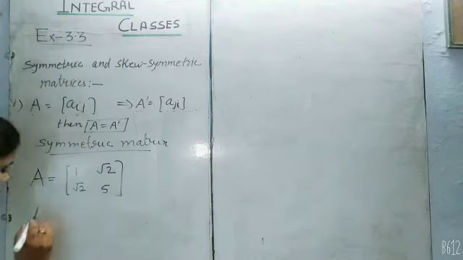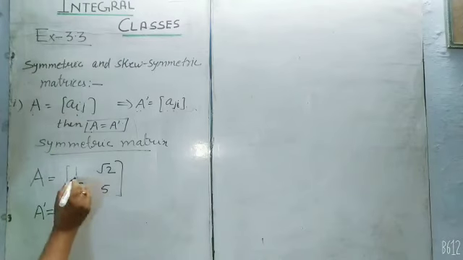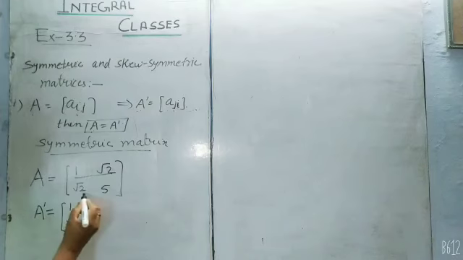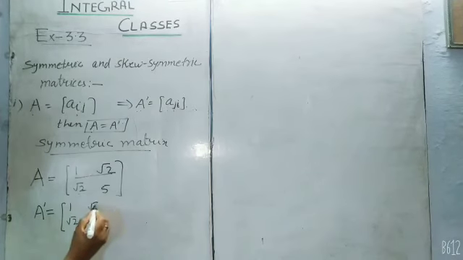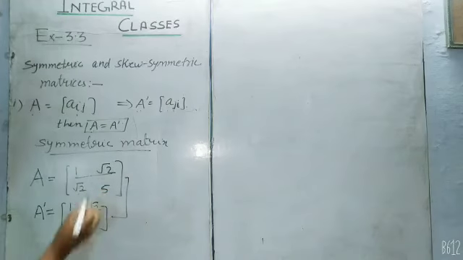Now if we find its transpose, rows change into columns. Again rows change into columns. Now, students, as we observe, both are equal matrices: 1, root 2, root 2, 5 and 1, root 2, root 2, 5.